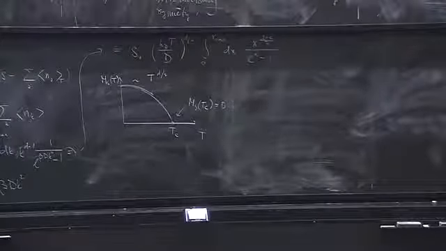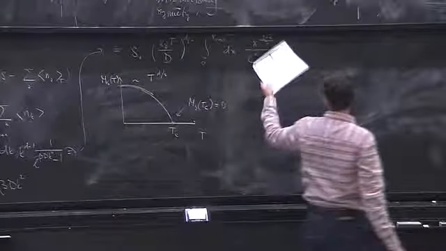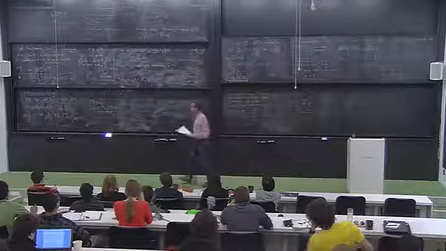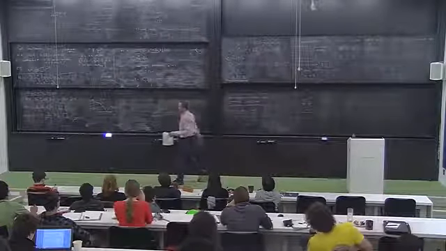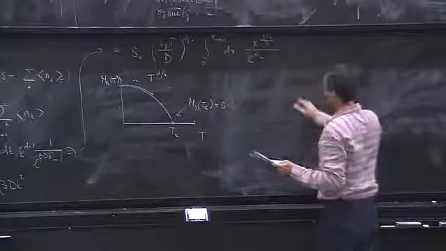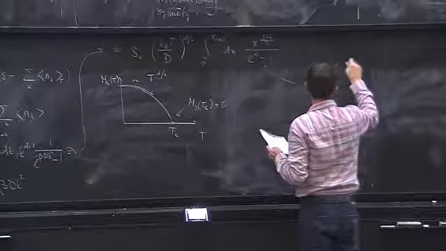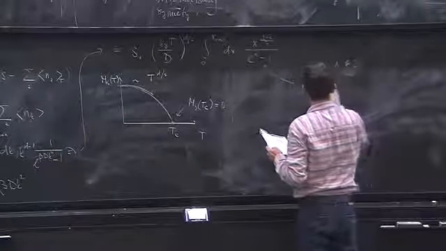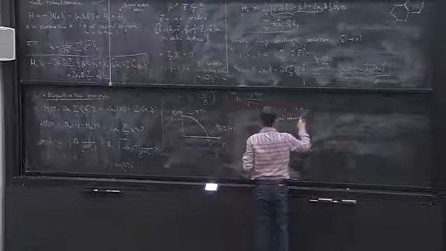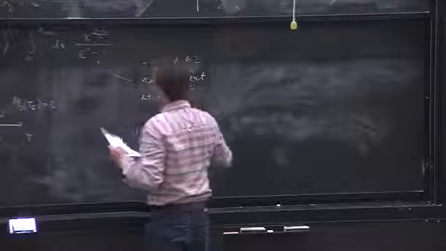However, there's a bit of a surprise when you look at this integral here, right? This I declare to just be a constant and therefore not of much interest because I have neglected some prefactors already. But notice that this integral here, for d less than or equal to 2, is divergent at x going to 0, right?